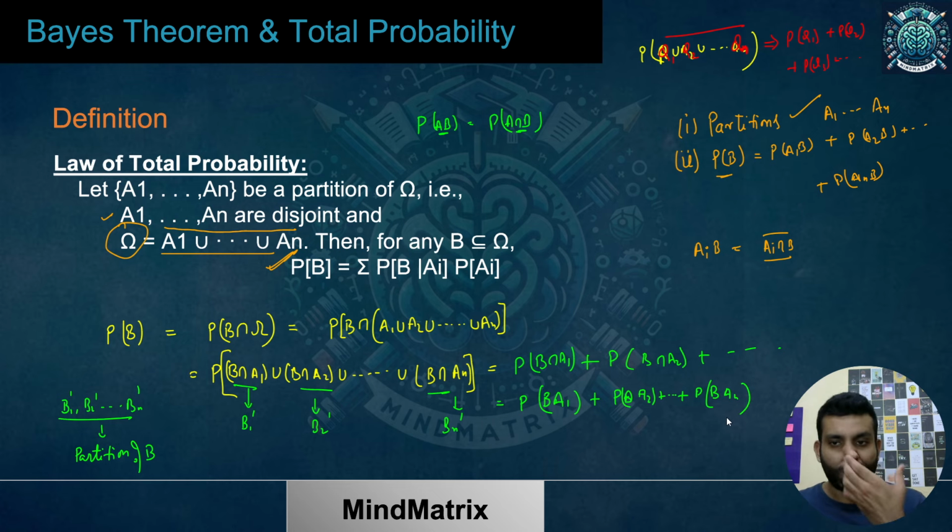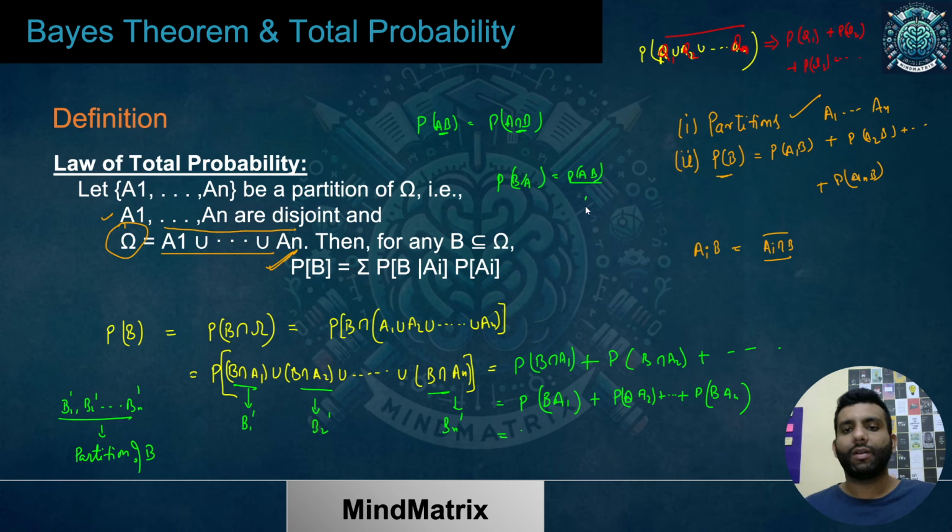Now you have already seen conditional probability in the last video. You already remember that P of B given A is nothing but P of AB divided by P of A. So if I want to find P of AB, I can do that by multiplying these two values.